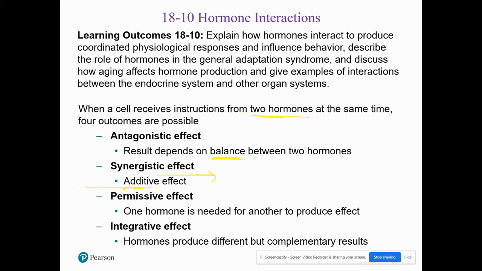The permissive effect is you need one hormone for another to get the effect produced. You need permission from one hormone to get the other one to have its impact working.